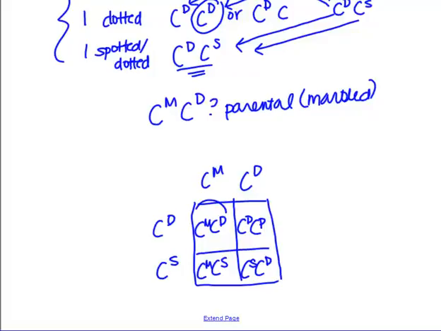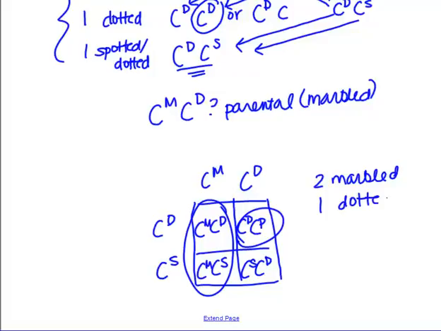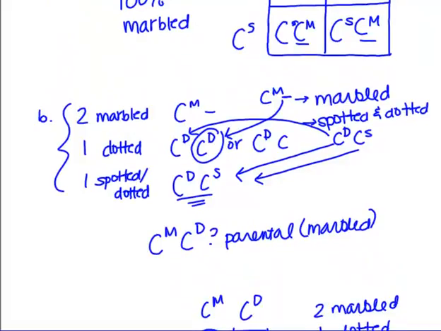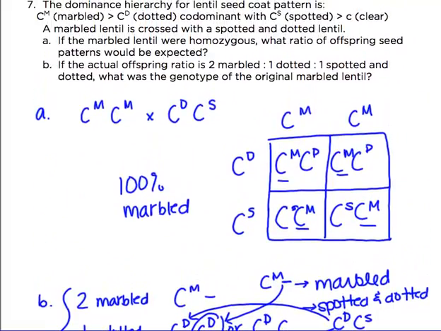Okay, so these two, you get 1/2 or 2 marbled. CD, CD gives dotted. And CS, CD gives 1 spotted and dotted. So that matches the phenotypic ratios we were given in the problem. So the answer here, that original marbled parent, was CM, CD.